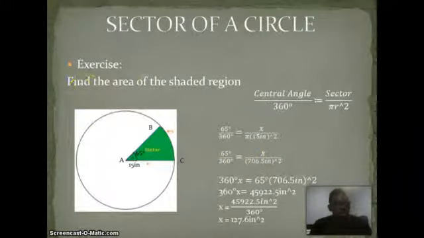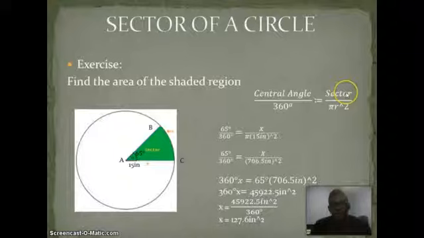So here's an exercise. Find the area of the shaded region. Here we have 65 degrees as the center angle, 15 inches as the radius, and we have to find the sector. Okay, so it's 65 degrees divided by 360 equals x.